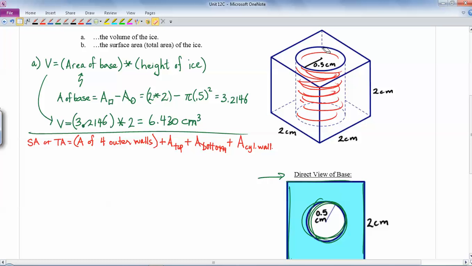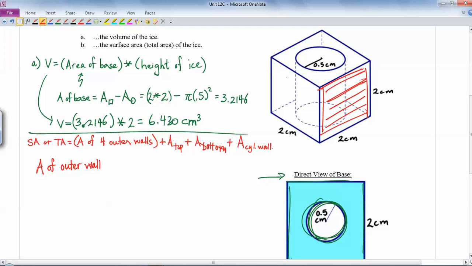So let's figure out what these areas are. So the outer 4 walls, so let's do this. Area of 1 outer wall. And the outer walls, I mean these things right here. Right, so that's one of them, and then here's another one here. And then there's one just around the corner right there.